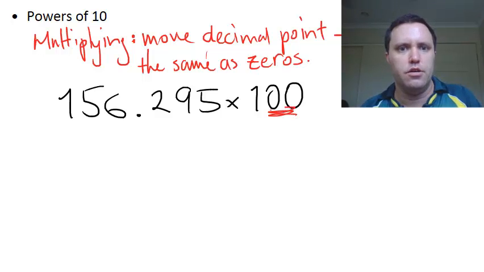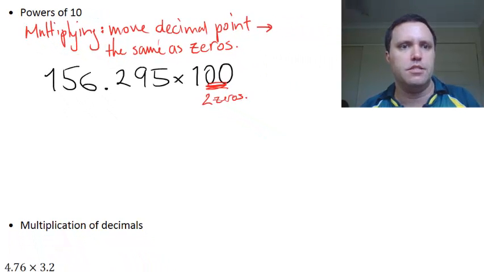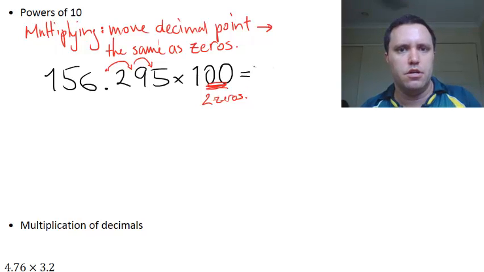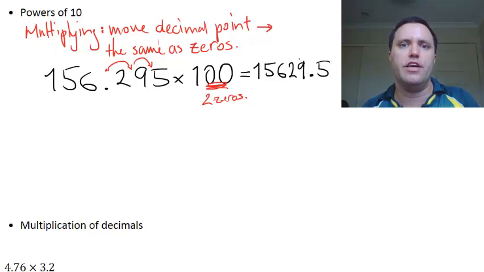Okay, so 2 zeros, that means that we move the decimal point from here 1 space, 2 spaces. Okay, and so this is going to be equal to 15629.5, so 15,629.5.